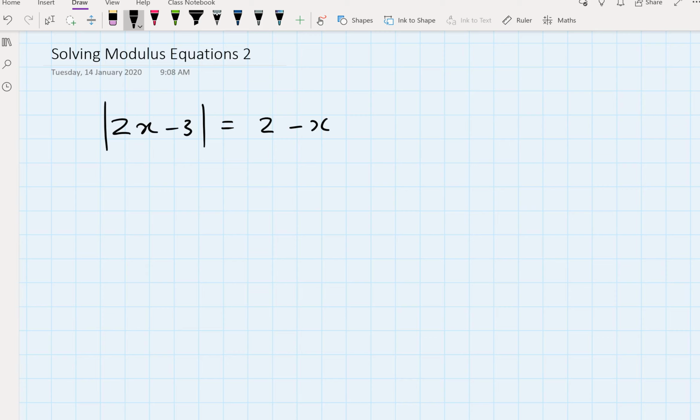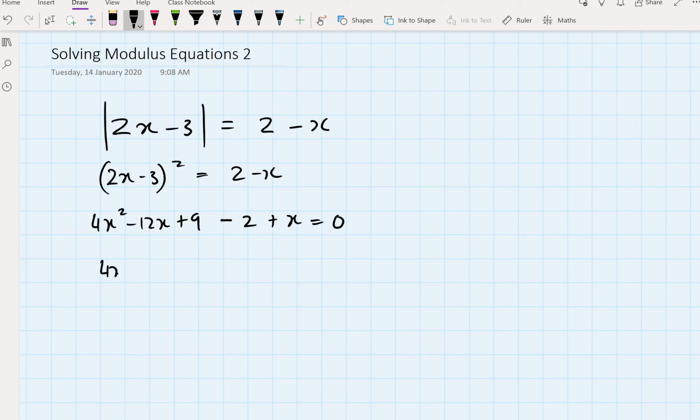Now, if I take the algebraic approach of squaring both sides, I'm going to get 2x minus 3 all squared is equal to 2 minus x. That's going to give me 4x squared minus 12x plus 9 minus 2 plus x equals 0, and that tidies up to 4x squared minus 11x plus 7 equals 0.